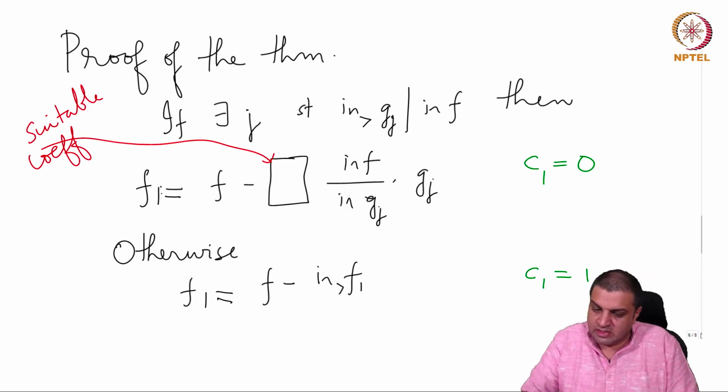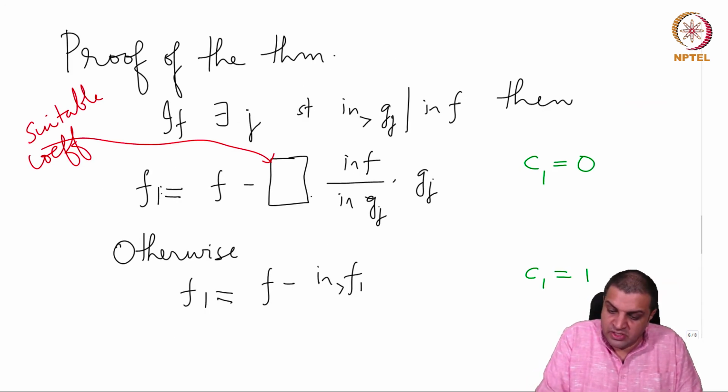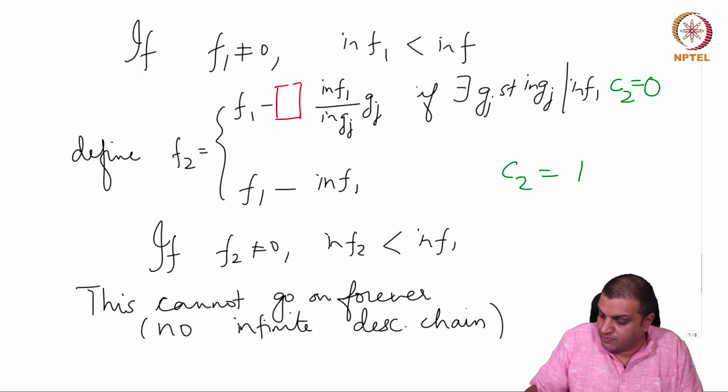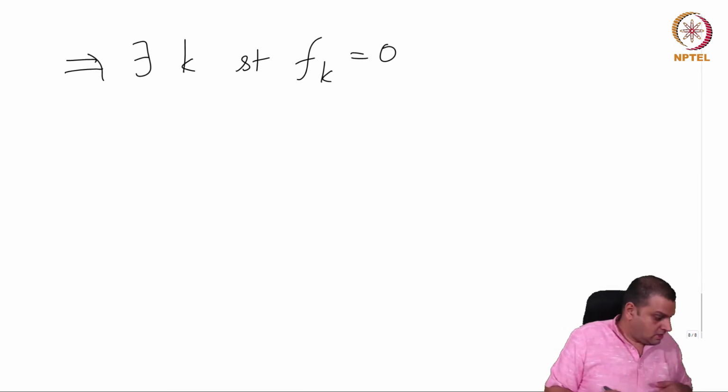If it's divisible by a gj, this is the change that we would have done. If it's not divisible by in gj for any j, this is the change that we would have done. And this data is kept track of in ck. So let's use that information.